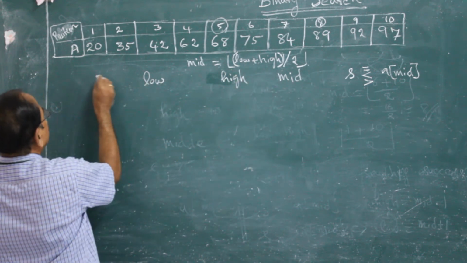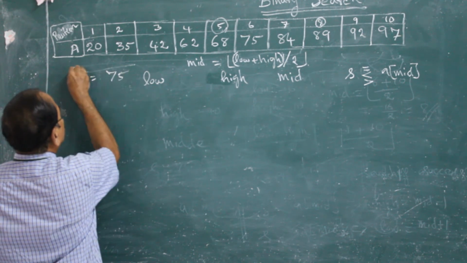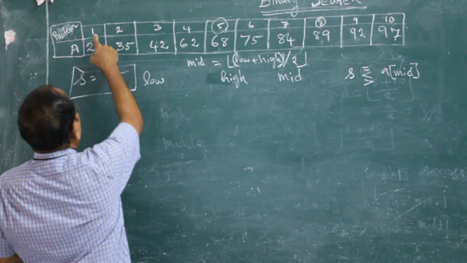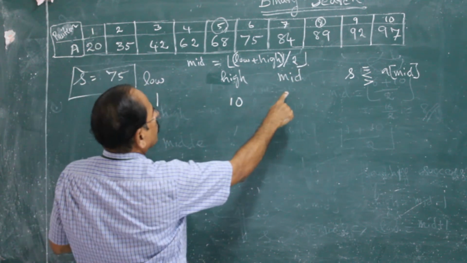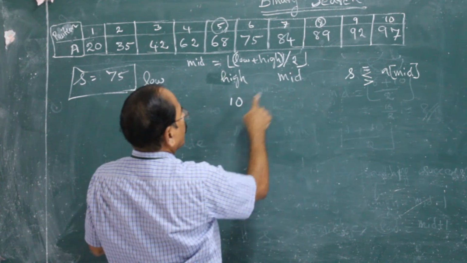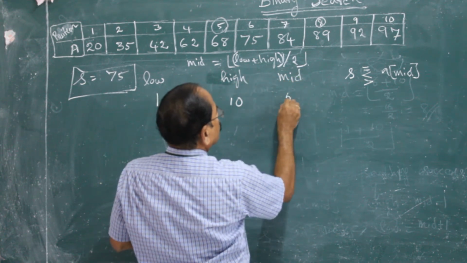Let us consider the searching element equal to 75, this we already told. Now let us start the process. Here low is 1, high is 10, mid equal to low plus high, 11 by 2, 5.5, floor operation, so 5.